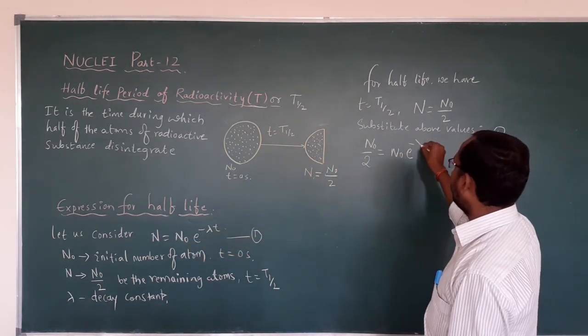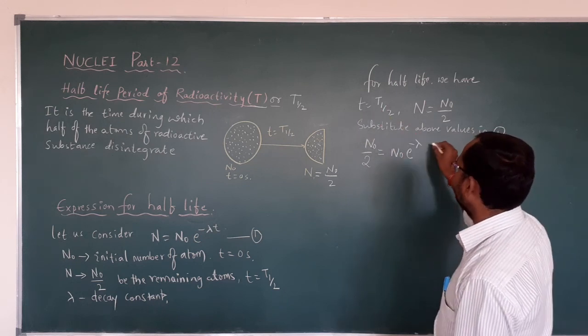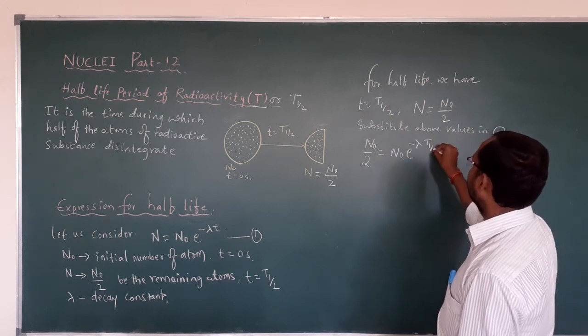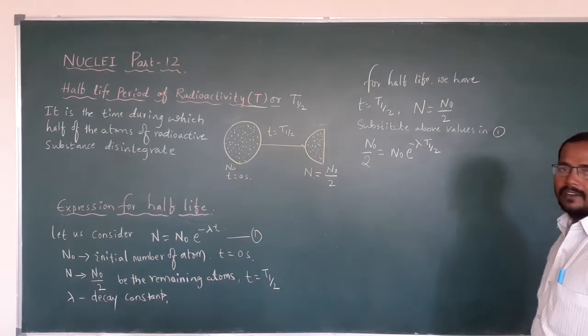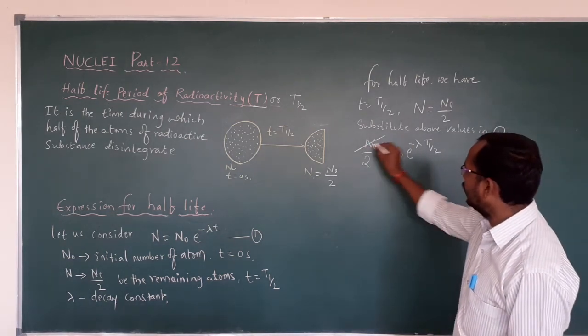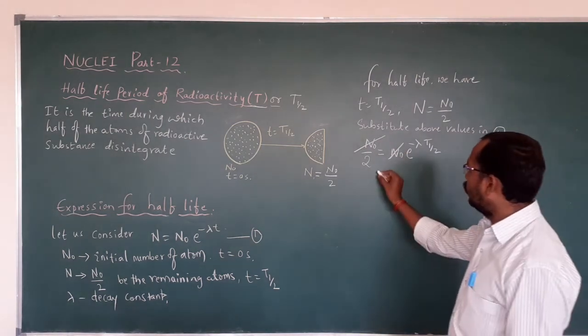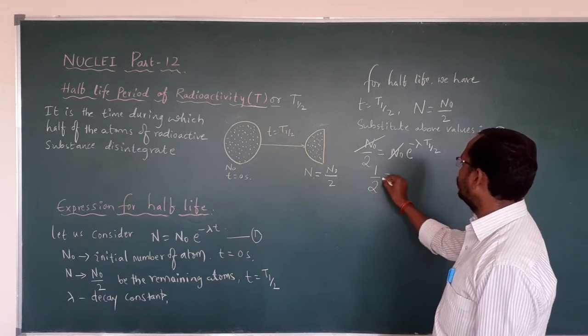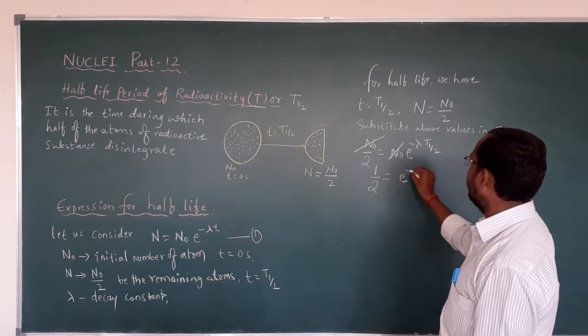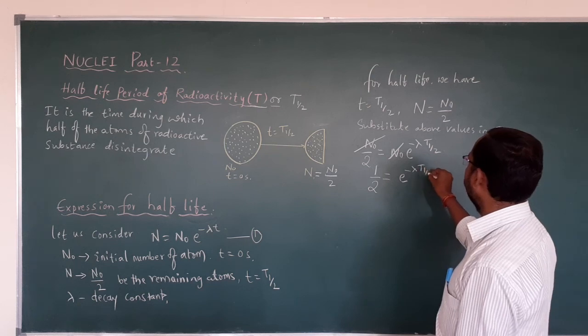Therefore N naught by 2 is equal to N naught into e raised to minus lambda, where in place of t I have to substitute T half. Now N naught will get cancelled here. Remaining 1 by 2 is equal to e raised to minus lambda into T half.